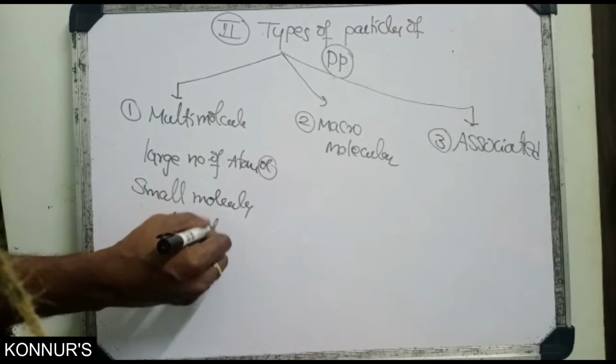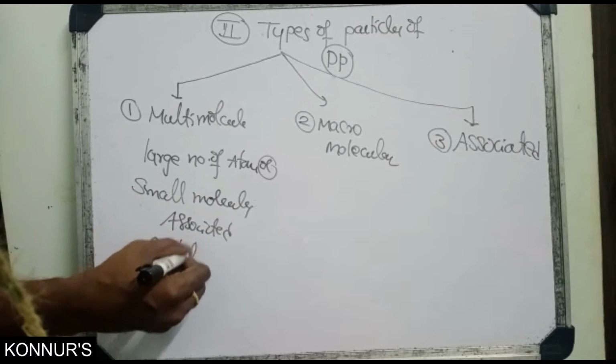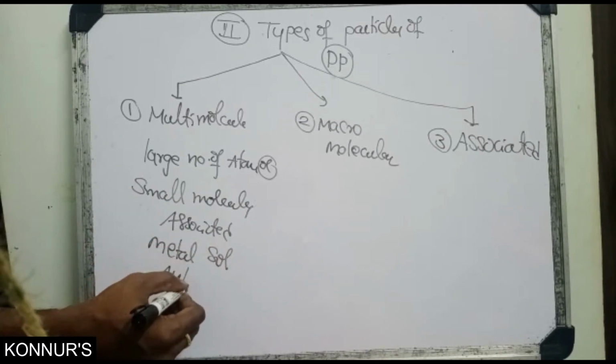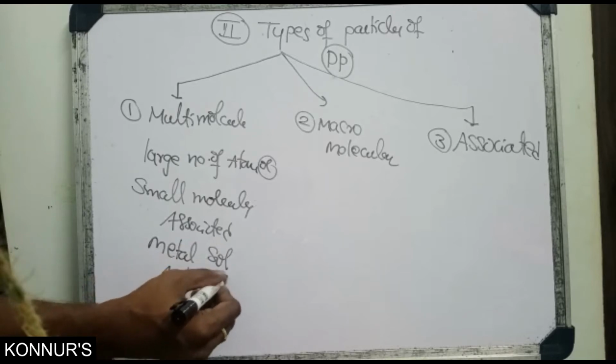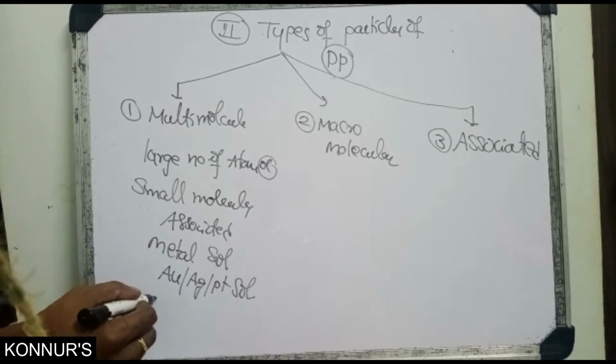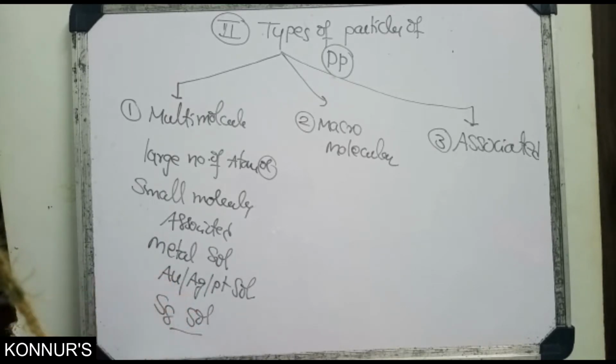The best examples are any metal sol, such as gold sol, silver sol or platinum sol. Otherwise sulfur sol, S8: sulfur particles present in water. That comes under multimolecular.